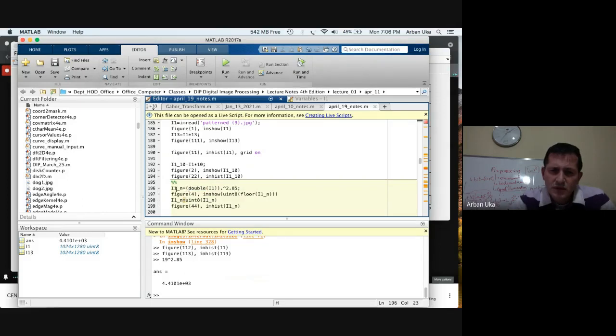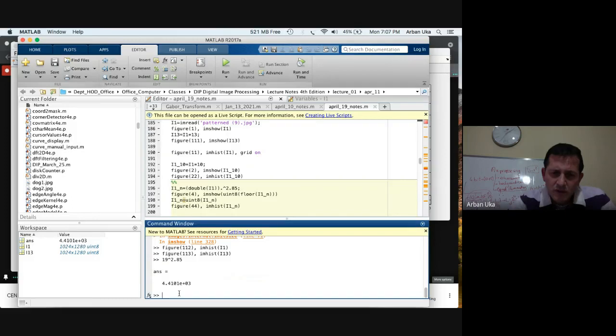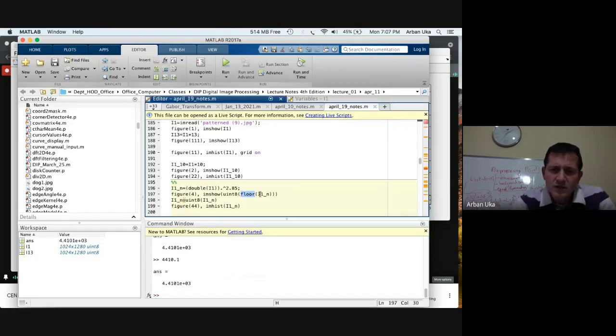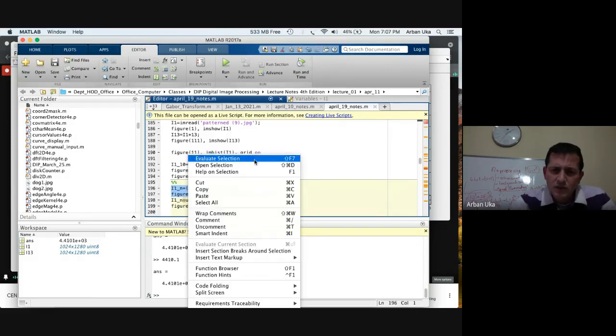Once we find this image raised to a power n, for example, this answer is 4410.1. Okay, so it is a decimal value. But if you apply the function floor, this gets the integer part of the number. Then we can convert this into unsigned integer 8, and let's see what this produces for us.